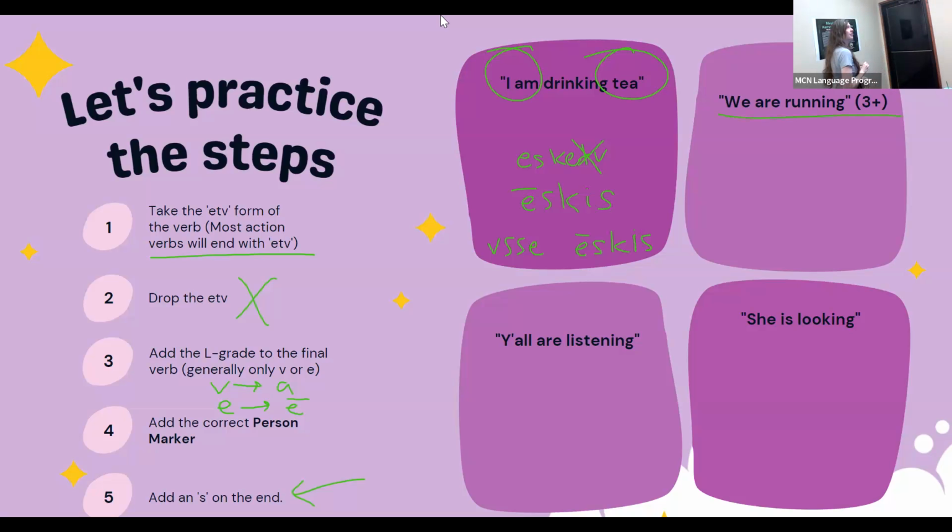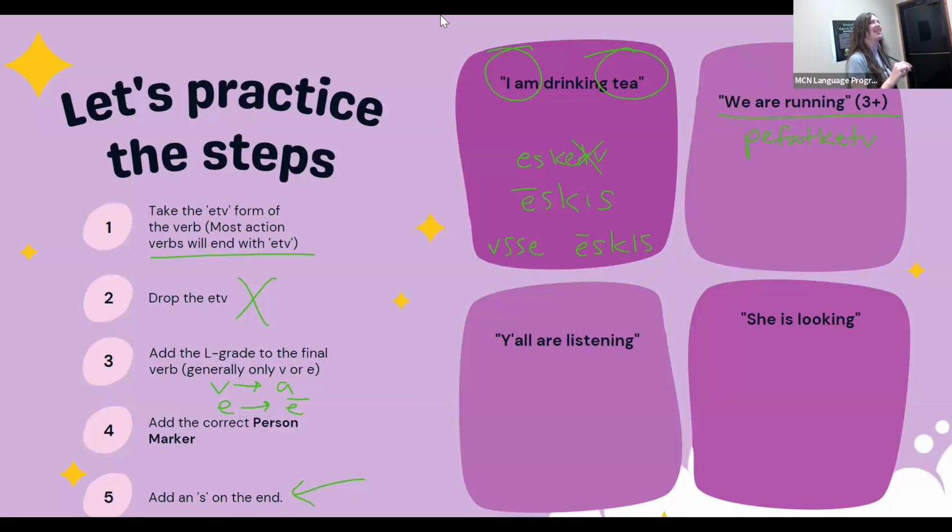3 plus. What is our verb for 3 or more people running? I'll give you a hint. Starts with a P. It's one of the ones that to me sounds really funny. Befakida. Nice. Befakida. So what's our first thing we do? Or guess second.